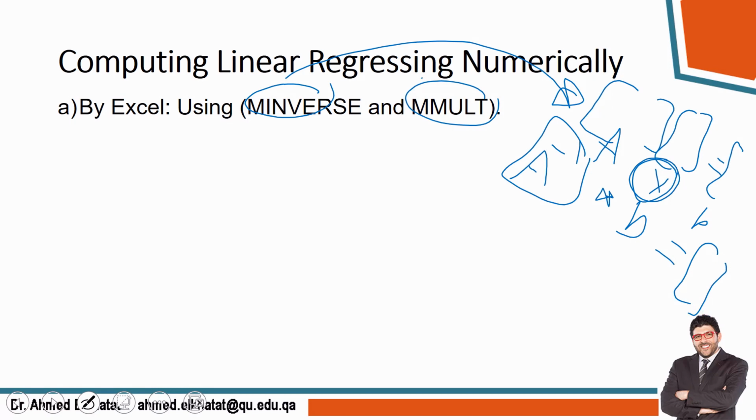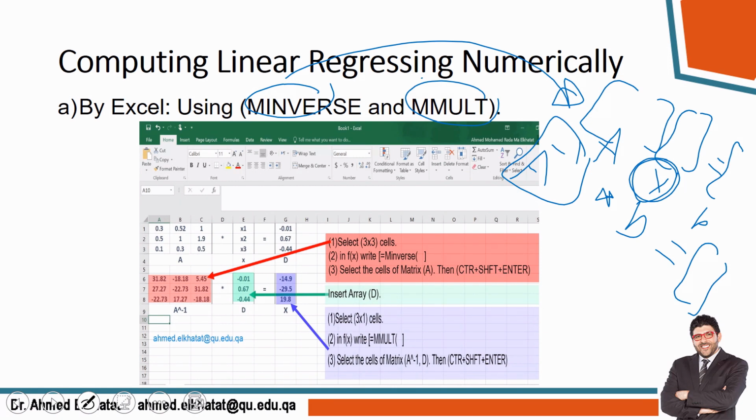So let's apply this. Create your matrix first, then you can convert it to its inverse. First you have to select a similar size range. Then go for the function here, equal MINVERSE, open the parentheses, and select the matrix you want to invert.